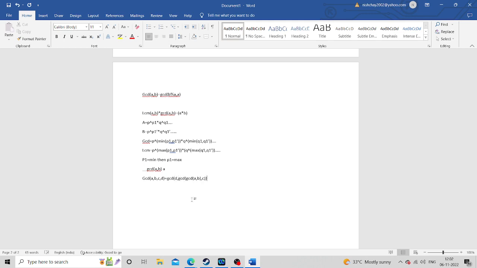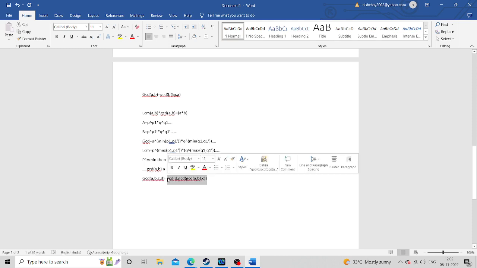First you take the GCD of A, comma B. Whatever answer you get, you take its GCD with C. Whatever answer you get, you again take GCD with D. If you keep on repeating that process, the final answer that you would get would be the GCD of all the four numbers. Is this point clear to everybody?